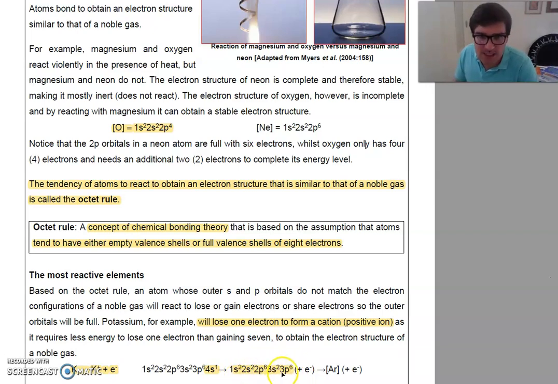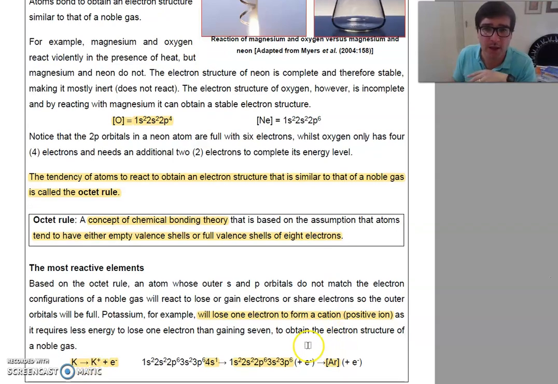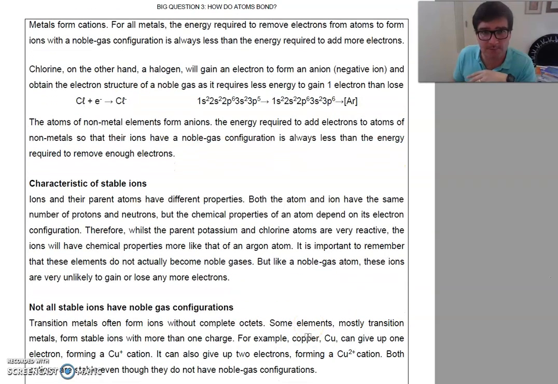And if it forms this potassium ion, it gains an electron configuration similar to that of the element argon, which is a noble gas. Previously we learned that when atoms form ions, they form ions so that they have an electron configuration similar to that of the noble gases. So, potassium will lose 1.